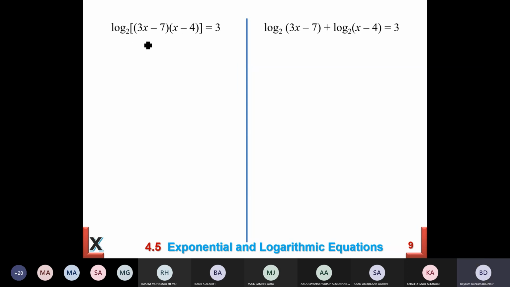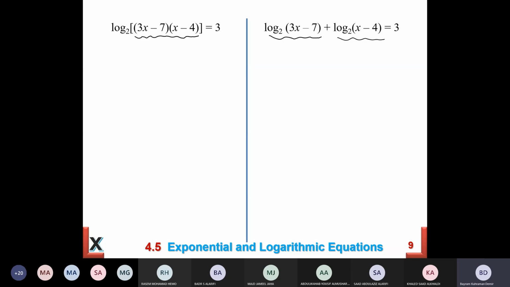Now, what do you see in these two examples, Shabab? Here, the logarithm of a multiplication becomes the sum of the logarithms, right? But these two questions are different.